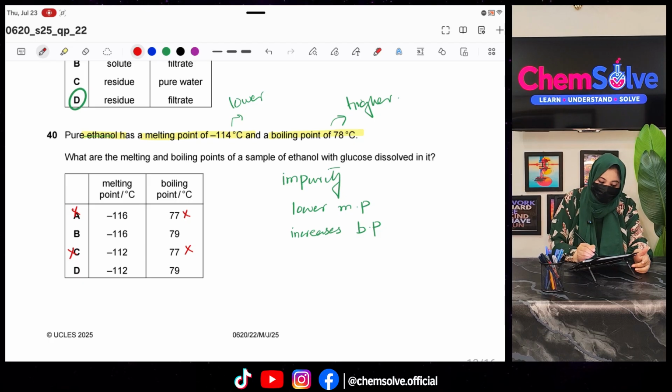We have to choose between B or D, which have the boiling point higher than 78. Now look at the melting point. We need less than -114. So of course, D is not our option because it has a melting point of -112, which is more than -114. So that's how the correct option is option B.